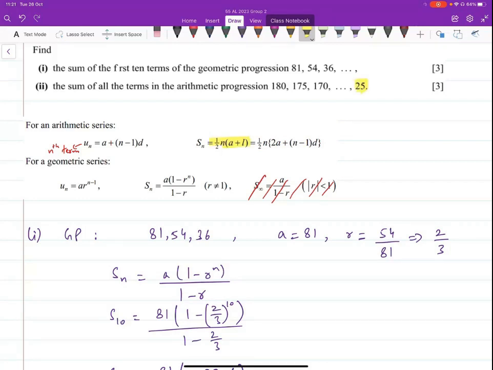The second one needs a little more calculation, but that will also work. But in this case, since we have the last term given, we use the one that has the last term, okay? Let me write down the formula here.